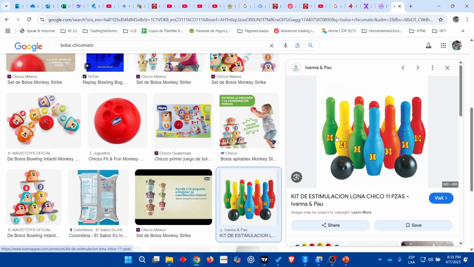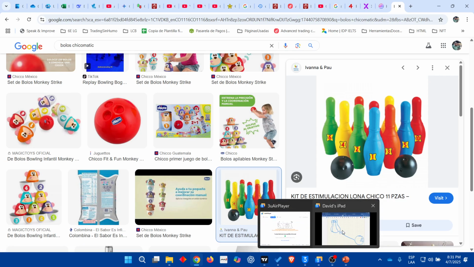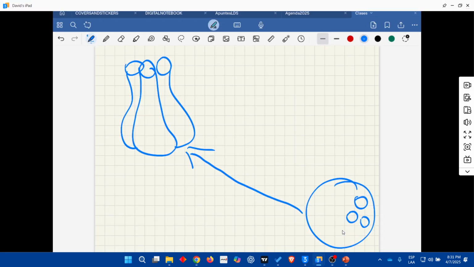This is bowling, so you use these little balls to put those pins down. What happens when you put all of them down, or some of them down? You need to go and put them up and organize them again, so you have to do this manually.